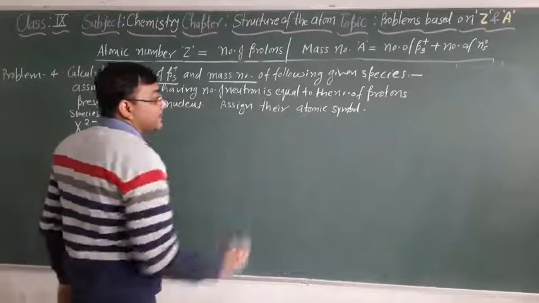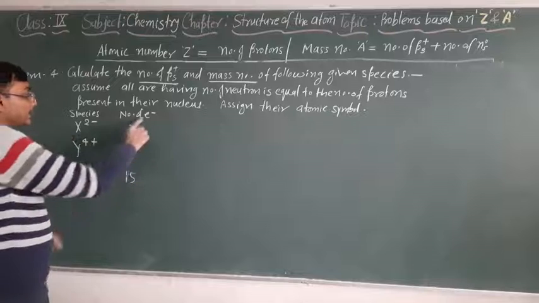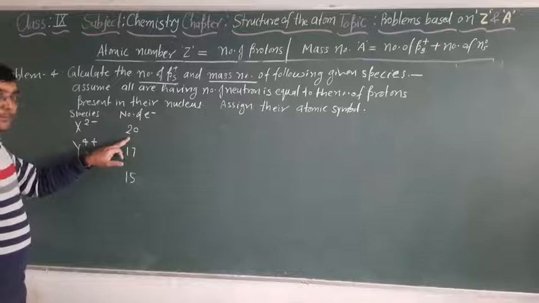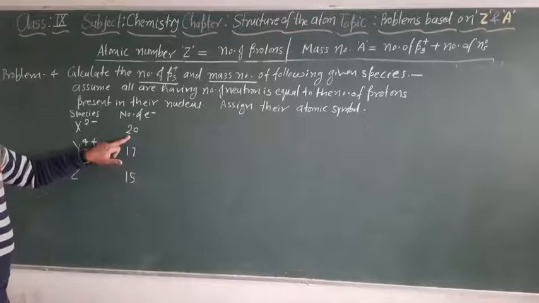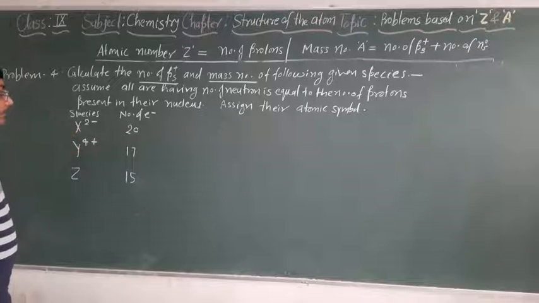Assign their atomic symbol. So let us find out. Number of electrons given: X2 minus has 20 electrons.